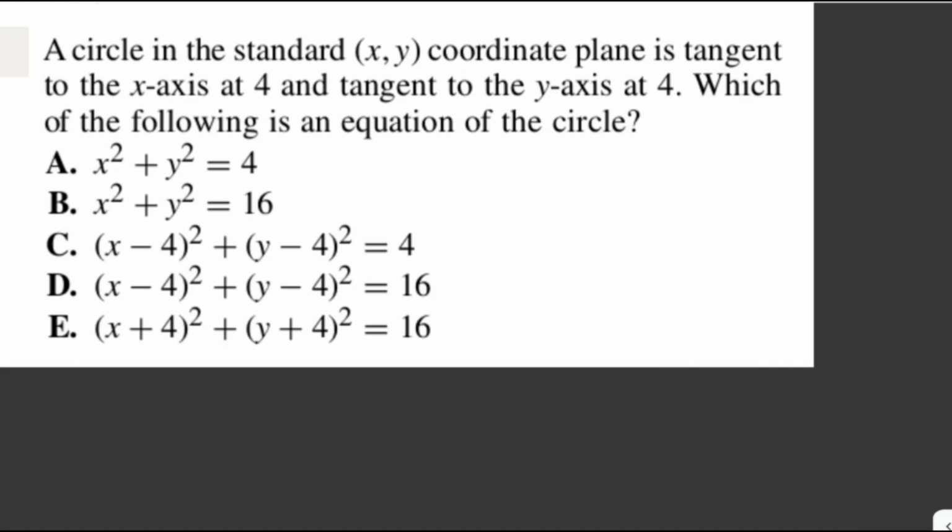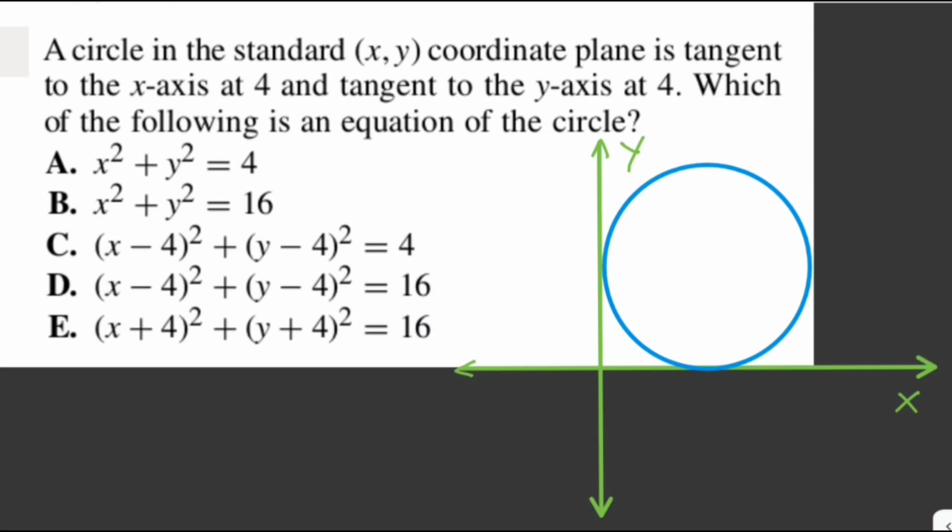A circle in the standard xy coordinate plane is tangent to the x-axis at 4 and tangent to the y-axis at 4. Which of the following is an equation of the circle? So we just have to draw a diagram for this one to better understand the problem.